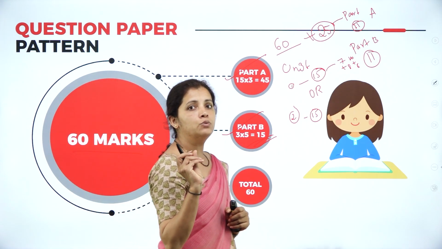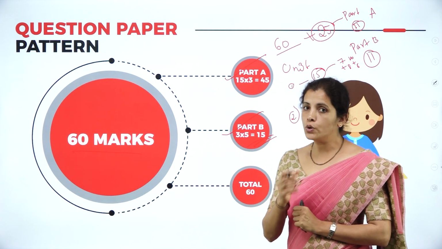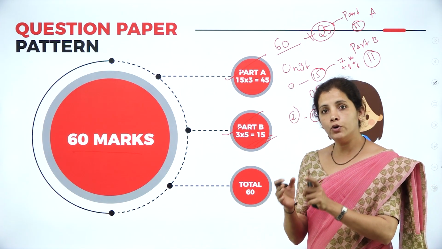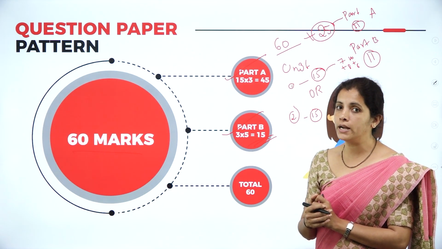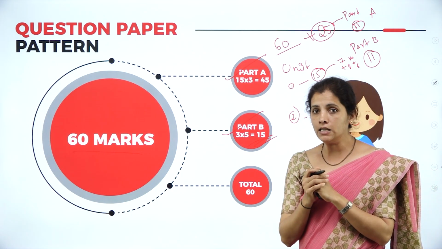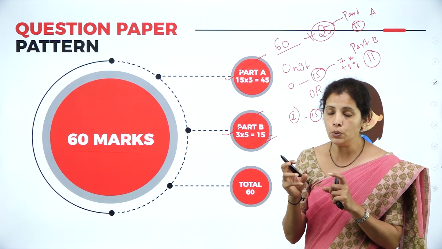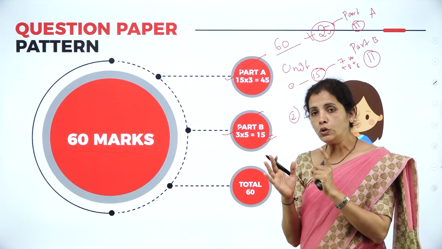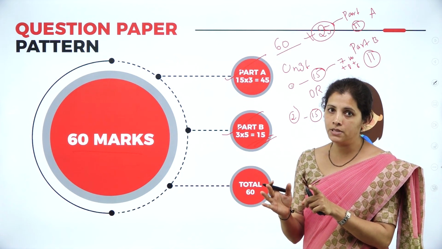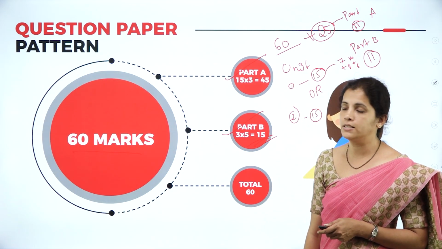Each unit carries 20 marks. So unit 1, 20, unit 2, 20, and unit 3 also carries 20 marks. For that reason, I told you to study any 2 units to clear the subject. And if you want to master the subject, then you have to study all 3 units.